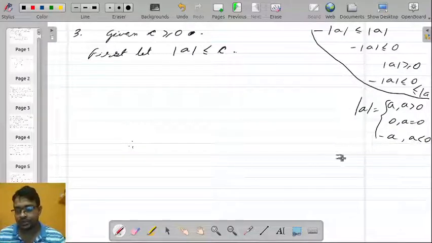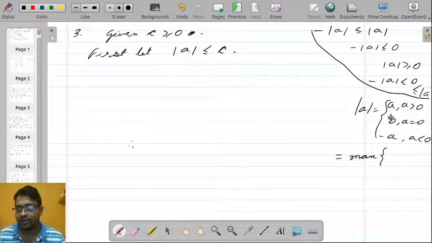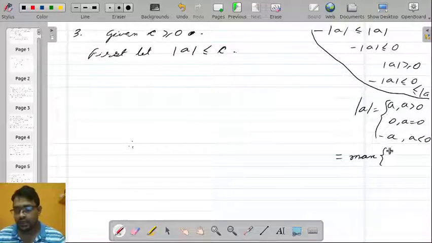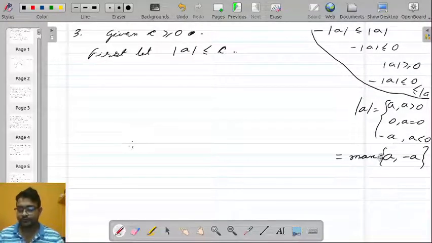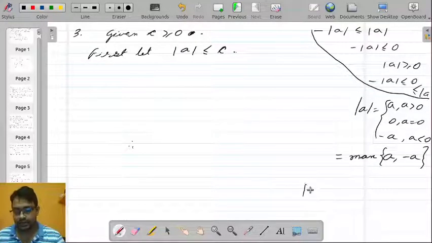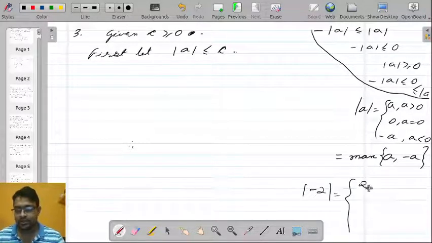Okay, so another definition I can write about mod A is it is the maximum, so out of all this, the largest out of A and minus A. It's the maximum of A comma minus A, right? Say something like mod of minus 2. What is that? It's 2.